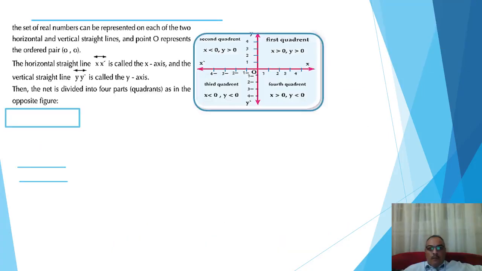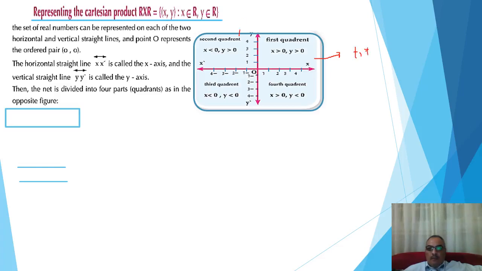Now we represent an infinite set like R, the set of real numbers, in the Cartesian plane. So we have the first, second, third and fourth quadrants. The first quadrant: x positive and y positive.